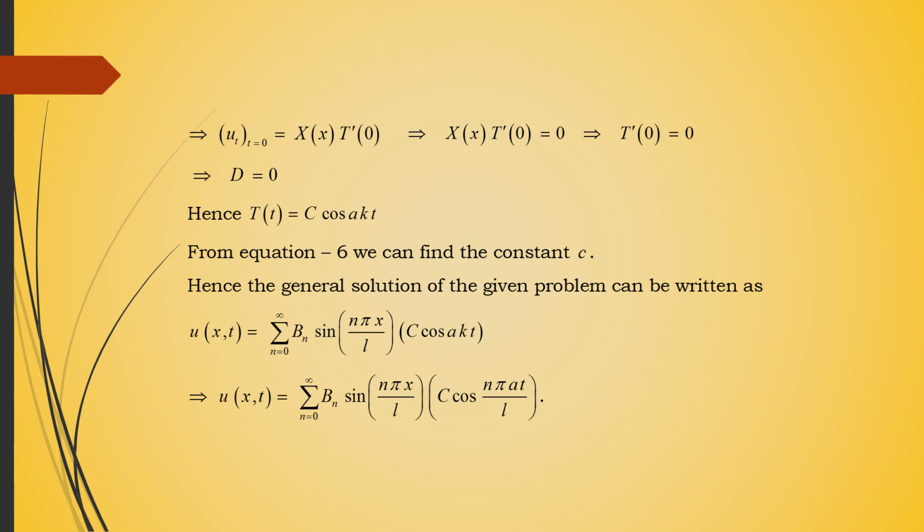If we put t equals 0 here, T'(0) = (−C sin 0 + D cos 0) times ak. So we get 0 = D·ak, which implies D equals 0. Hence T(t) = C cos(akt).